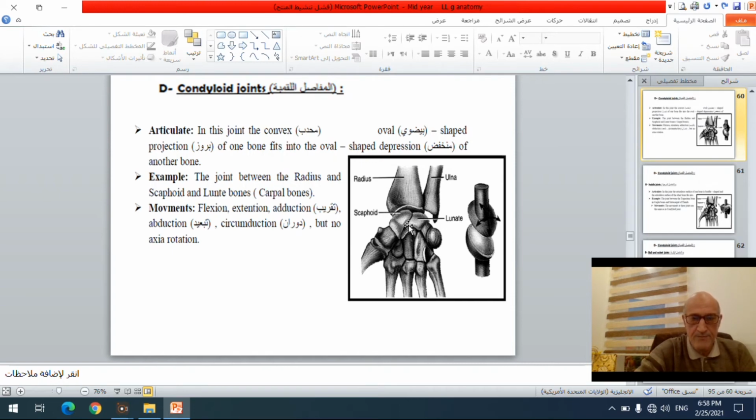Movements here are flexion, extension, adduction, abduction, circumduction, but no axial rotation. This is the mechanical type of the condyloid joint.